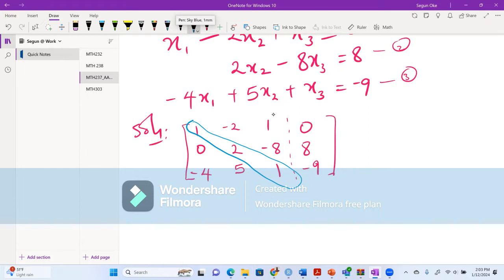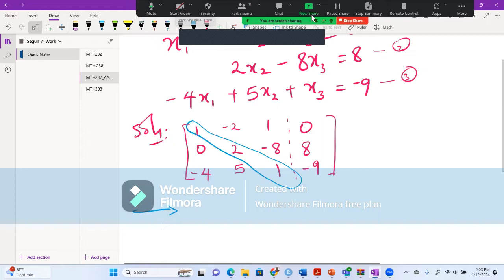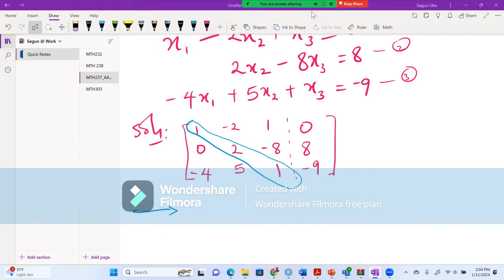How do I make this one 1 and make the lower one 0? Since I need this to be 0, I can say 4R1 plus R3. It will lead to my new R3.